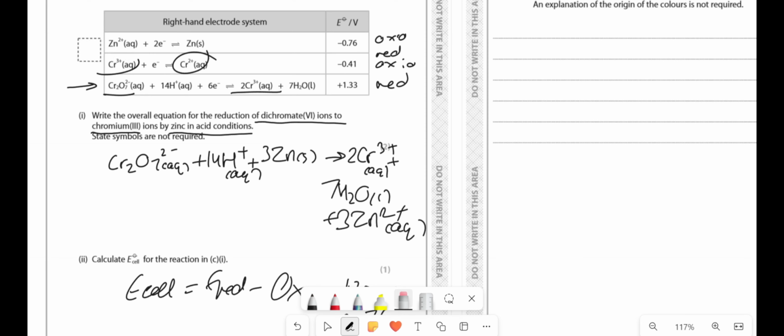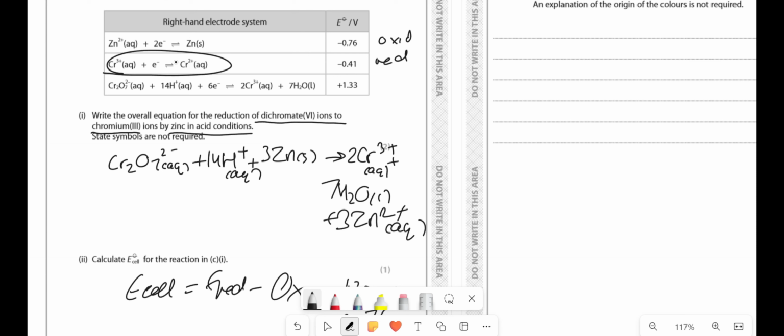So what I'm trying to get at is, if I re-tidy this up, the first thing lets us get Cr3+, which is here. But then we have Cr3+ and a mixture of zinc stuff. This one's more negative, so this becomes oxidized, that becomes reduced. So if this becomes oxidized, the Zn solid can become Zn2+, and then this can be reduced. Cr3+ can become Cr2+.